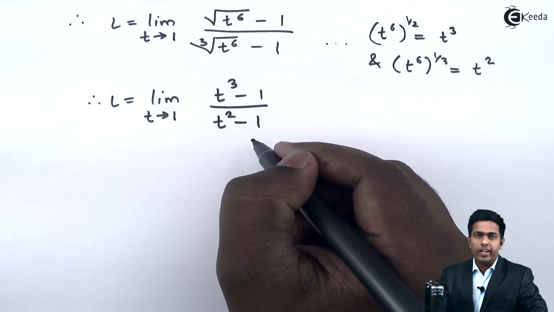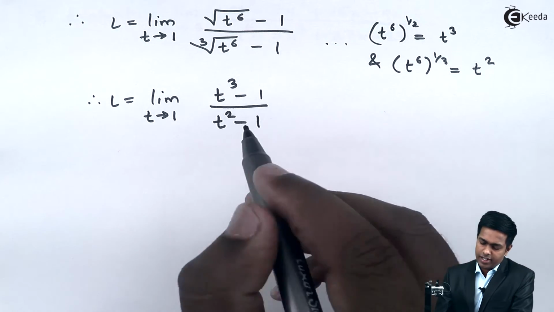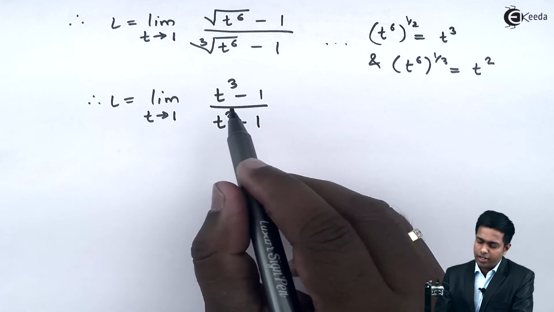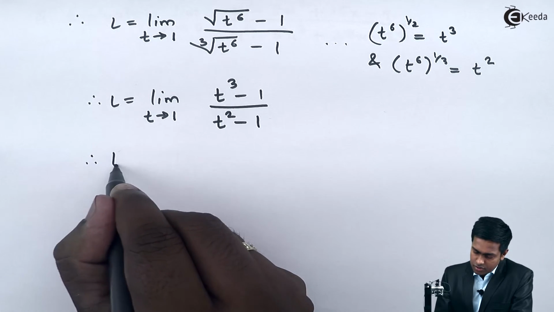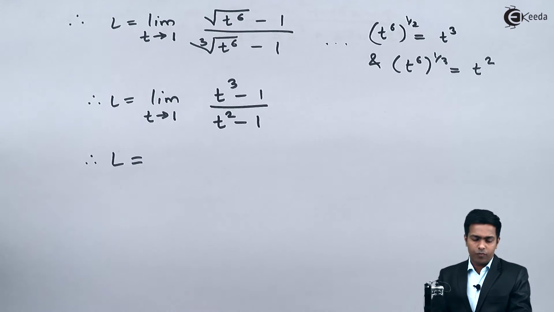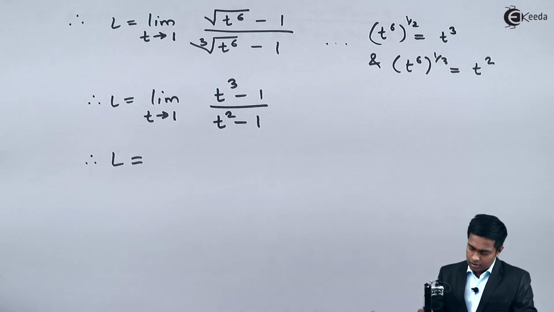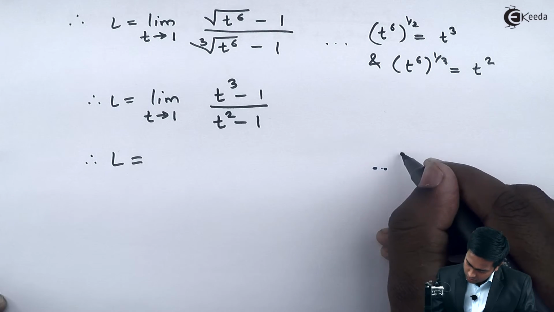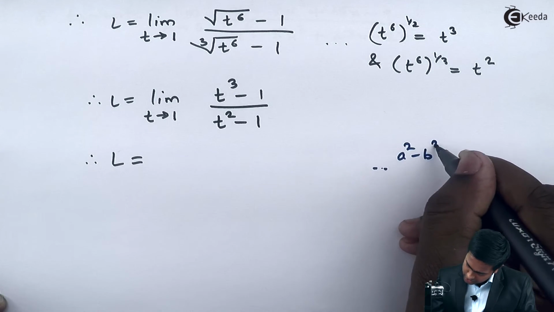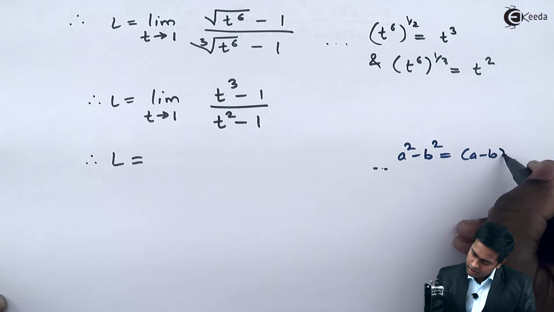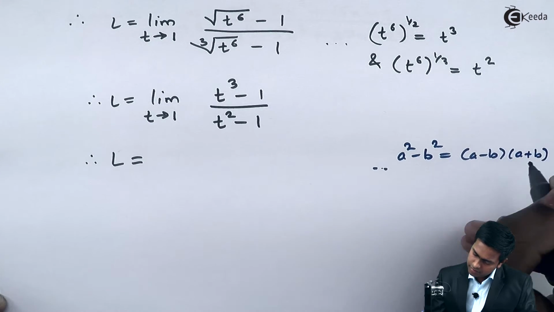And now we can find the factors for t square minus 1 as well as for t cube minus 1. For that we will use two formulas. The first formula is a square minus b square, which is (a minus b) into (a plus b).